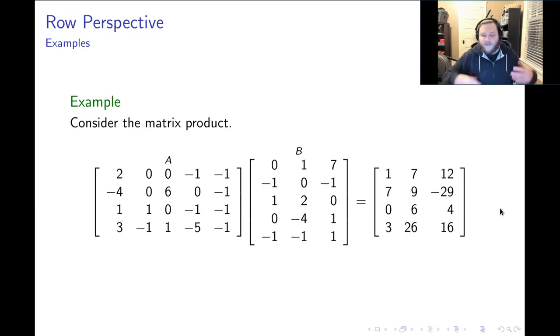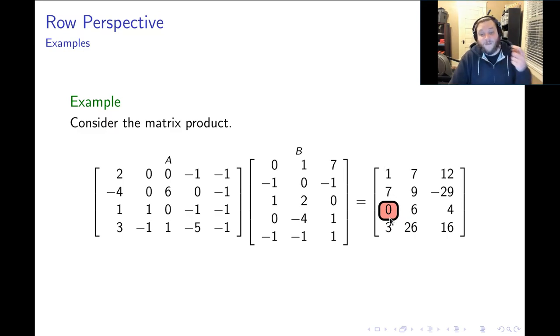And keep in mind, this can tell you some geometric things about the various vectors in play here. Here I'm depicting the multiplication of a 4 by 5 matrix with a 5 by 3 matrix, which of course should produce a 4 by 3 matrix. One thing we could point out is that we have a 0 in this product, in the 3, 1 position.